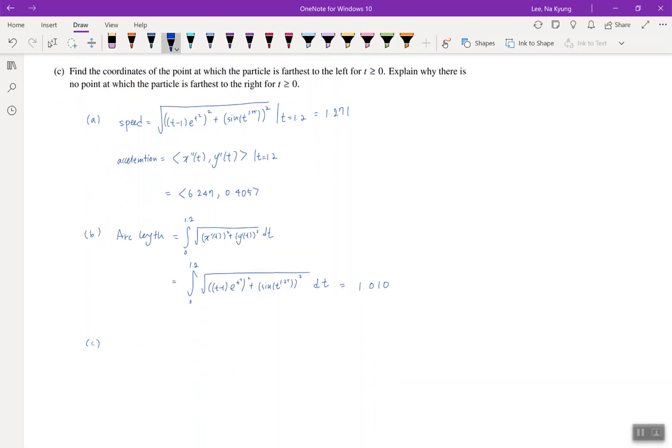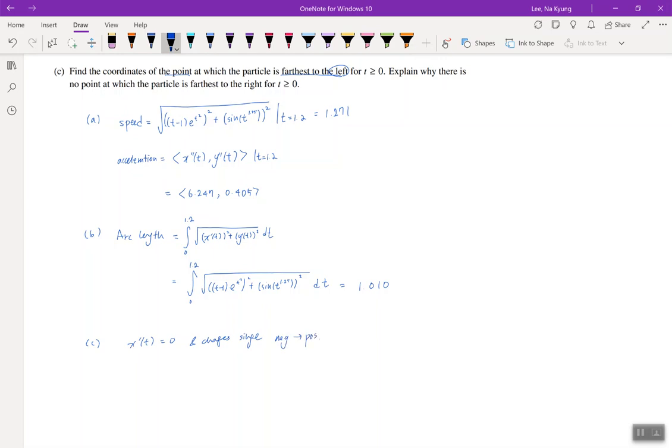C wants us to find the point which is the farthest to the left for t greater than 0. Being farthest to the left means the minimum of the particle's x position. To find the minimum, we have to find where x prime of t equals 0 and changes sign, especially from negative to positive.